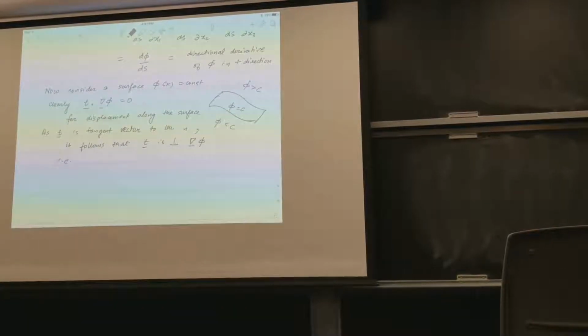That is, the gradient of phi is a vector perpendicular to the surface of phi equals constant. So the gradient of phi is a vector normal to the surface with phi equal to constant.